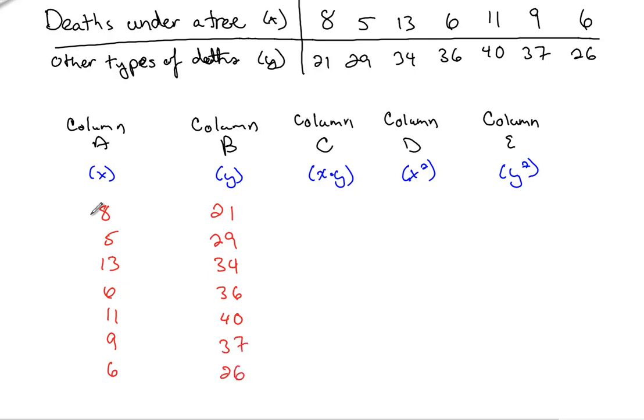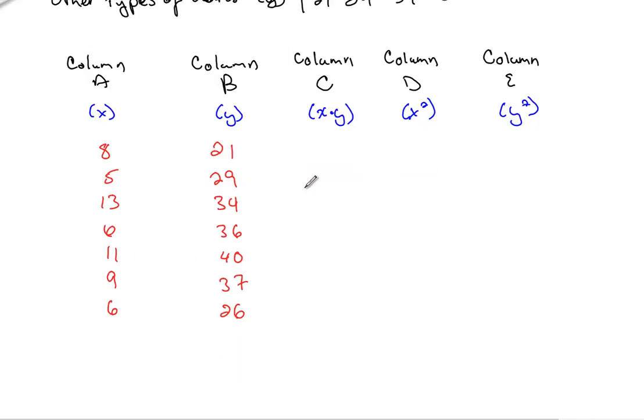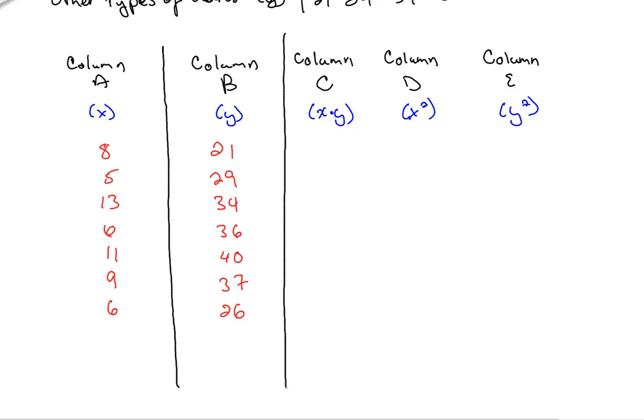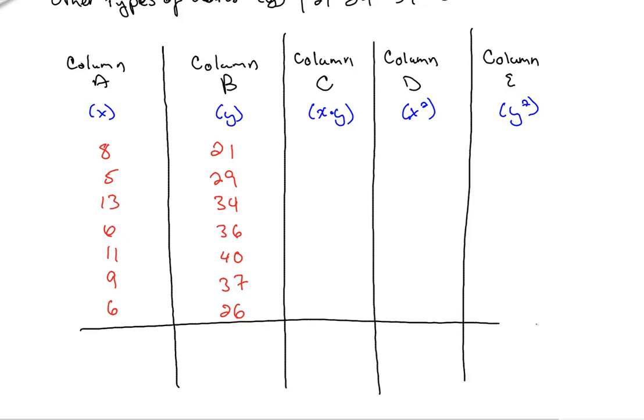So in other words, the 8 with the 21, the 5 with the 29, because it's going to be important for column C that we have. Okay? And I'm going to go ahead and draw dividers for my columns, and then remember that we are going to sum it up at the end.